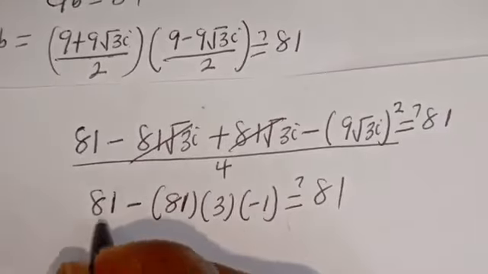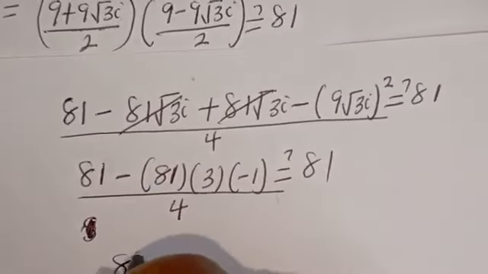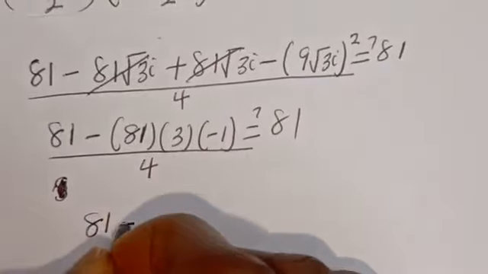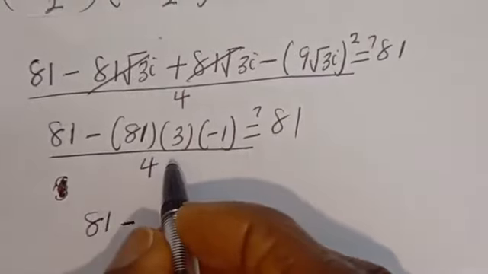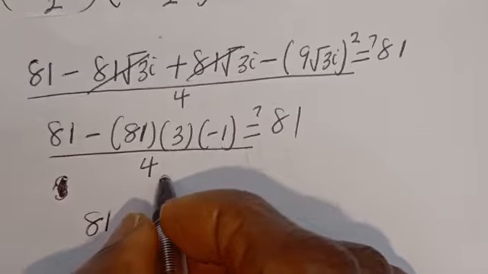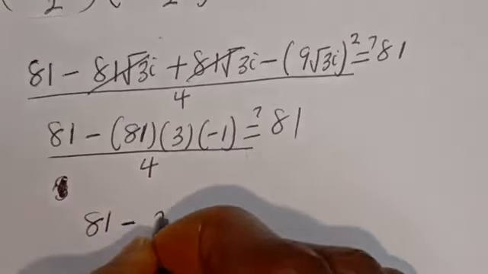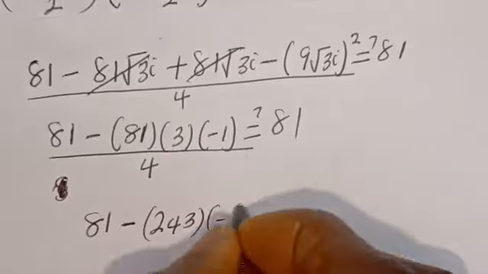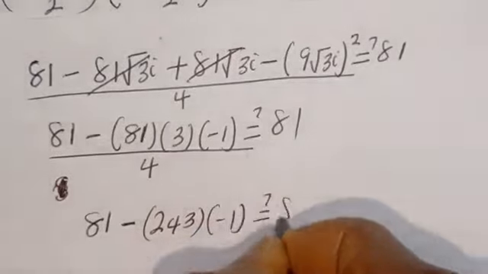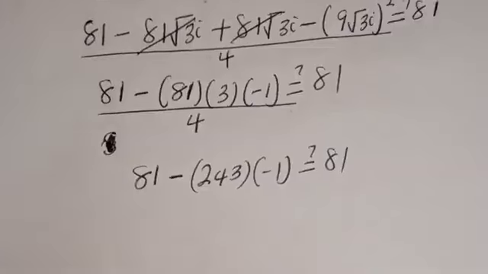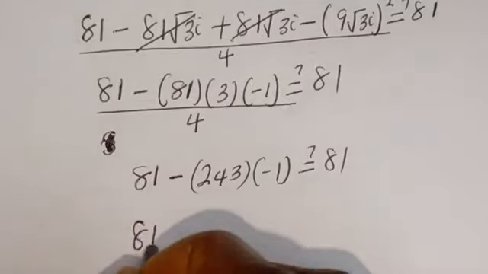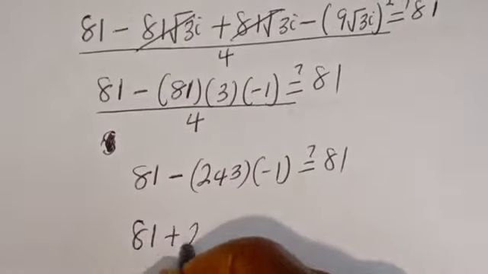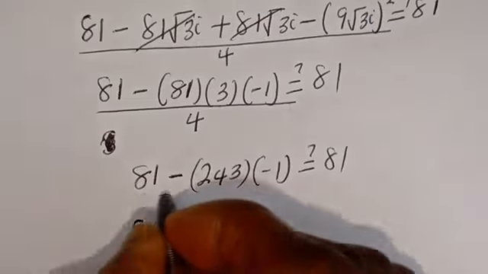Then here, we have 81 minus 81 times 3, that is 243, multiplied by minus 1 must be equal to 81. Then we have 81 minus 243 multiplied by minus 1, that is plus 243.